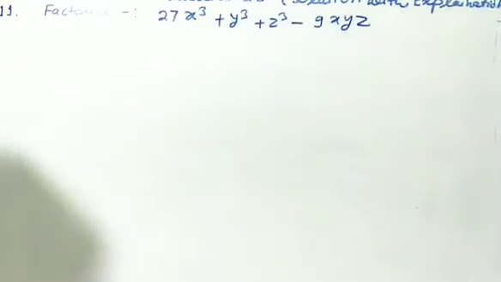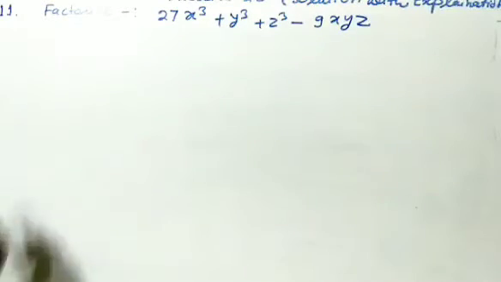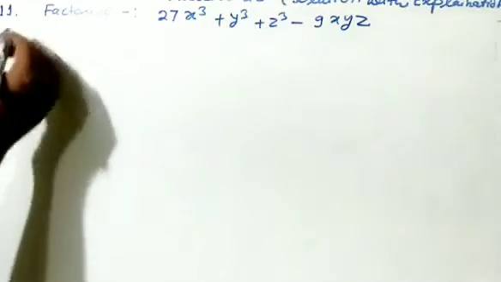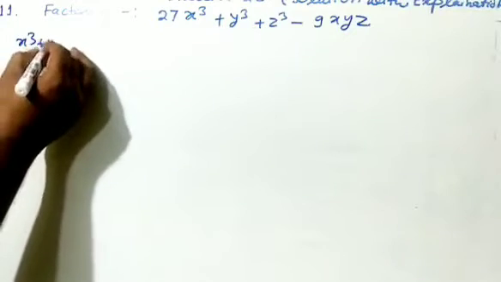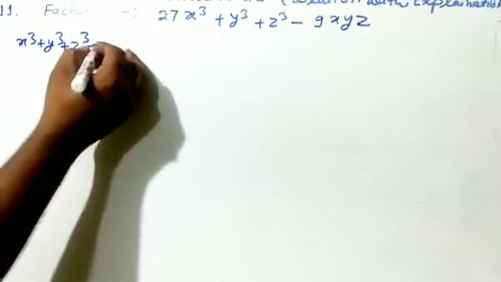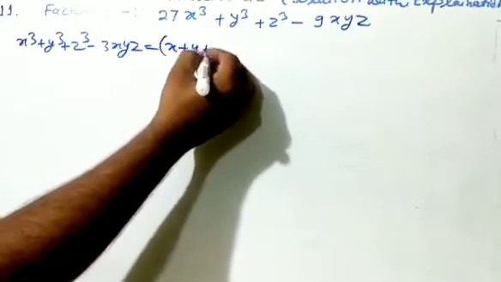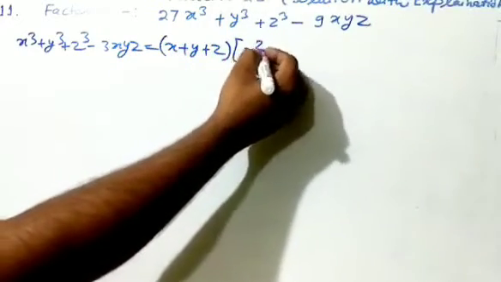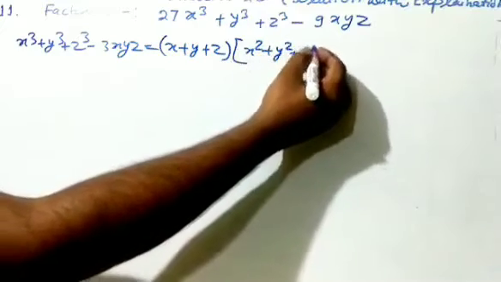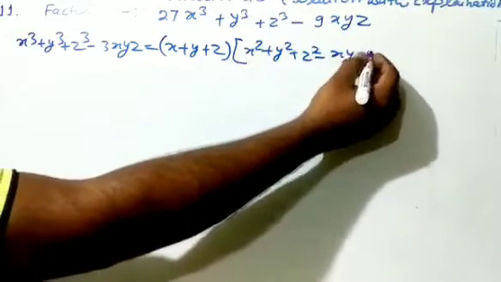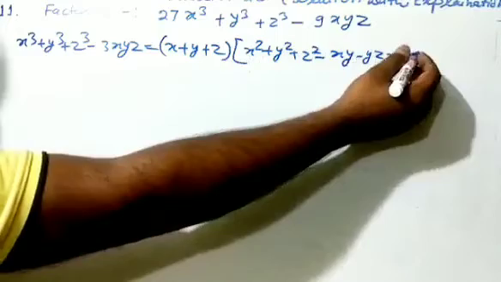Next question, number 11. We have to factorize 27x cube plus y cube plus z cube minus 9xyz. So students, first of all, we have to use an identity. So I'm writing here this very important identity: x cube plus y cube plus z cube minus 3xyz equal to x plus y plus z, x square plus y square plus z square minus xy minus yz minus xz.